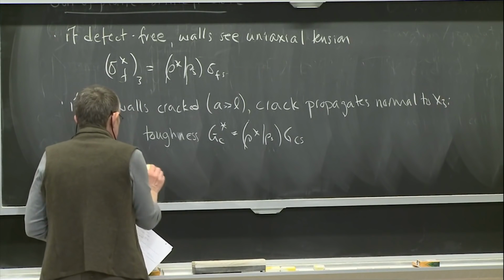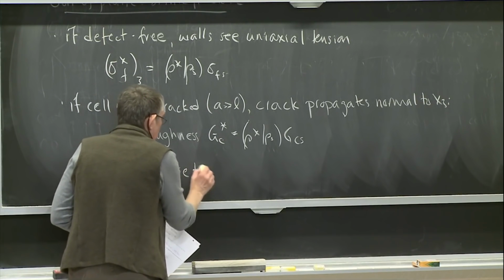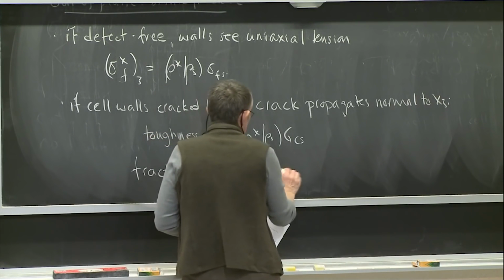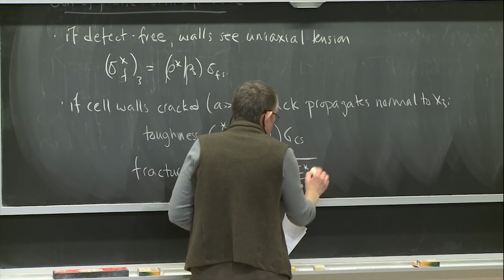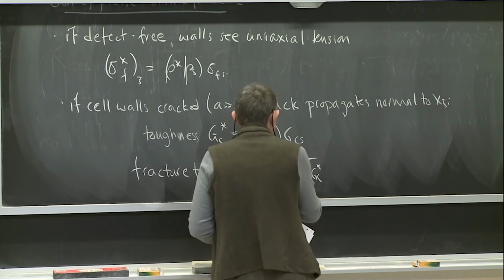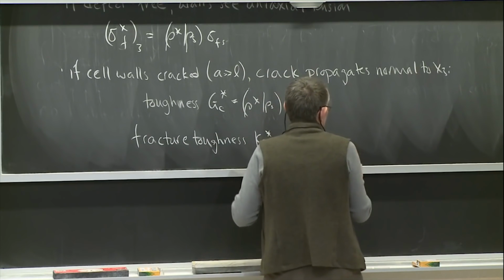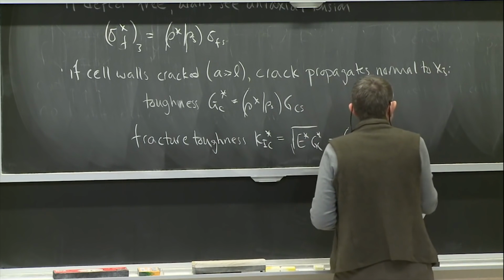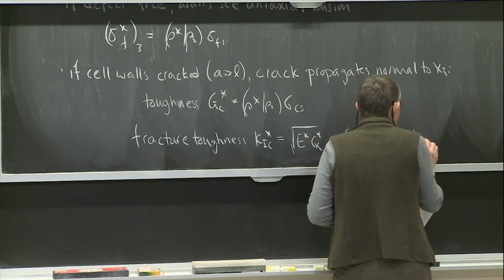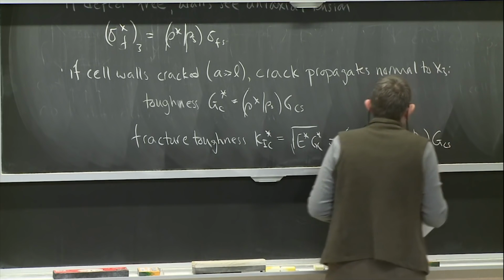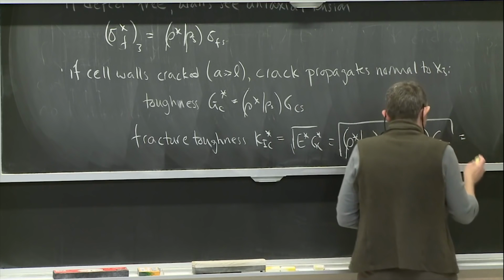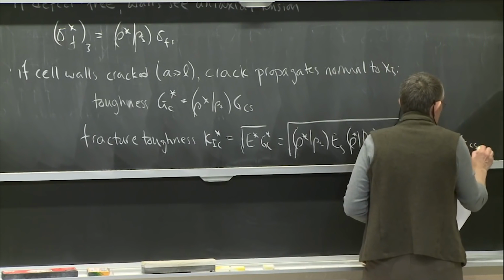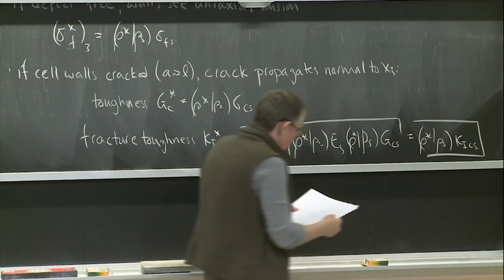And then the fracture toughness K1C is equal to the square root of the Young's modulus times GC. And that's just equal to the relative density times the modulus of the solid, and then the relative density times the toughness of the solid. So it's just equal to the relative density times the fracture toughness of the solid. So it's just straightforward there.